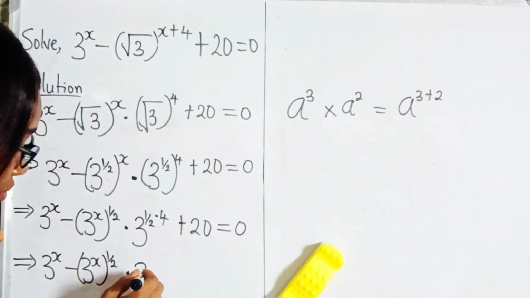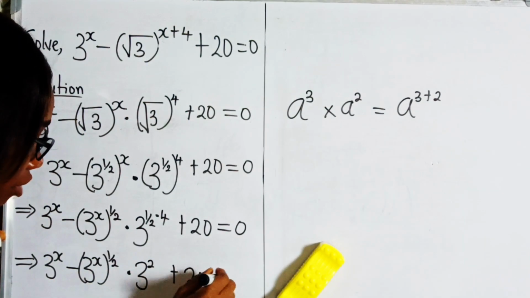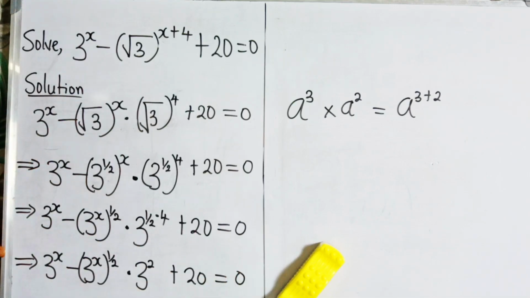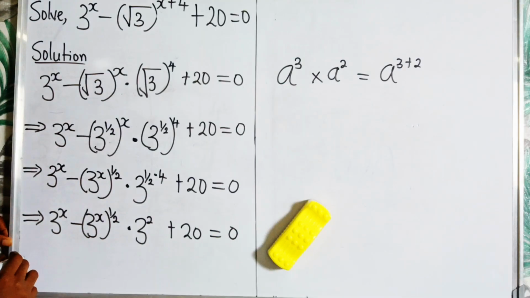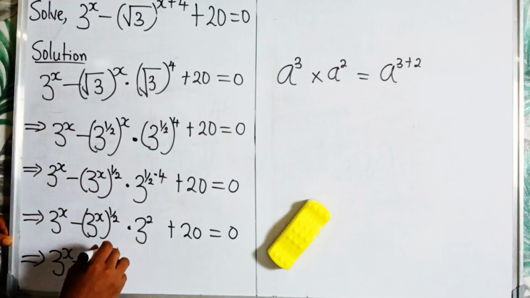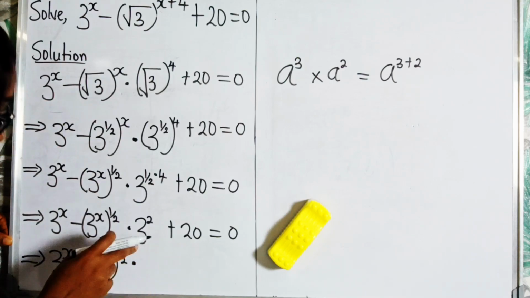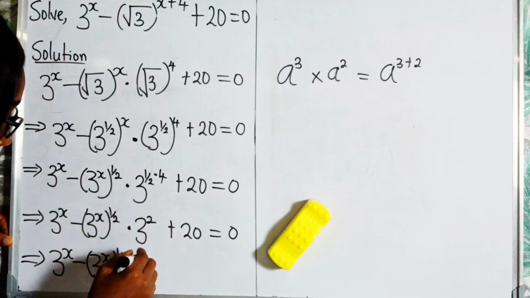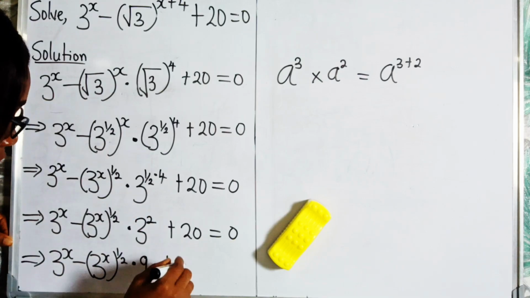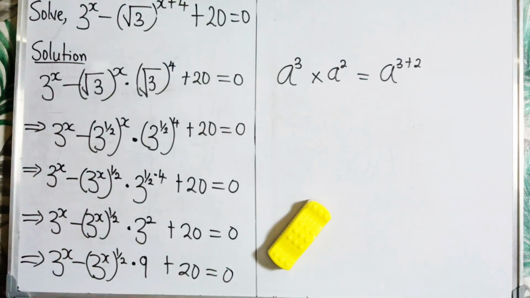So we're going to have 3^2 plus 20, and this is equal to 0. Now, this is equal to 3^x minus (3^x)^(1/2) times 3 squared, which is 9, plus 20, and this is equal to 0.